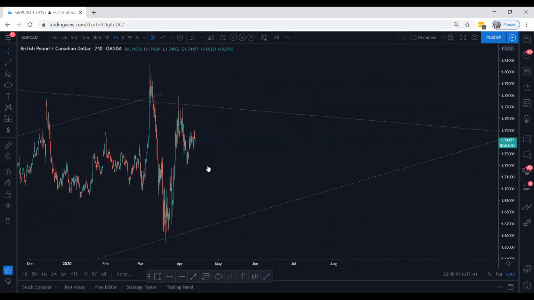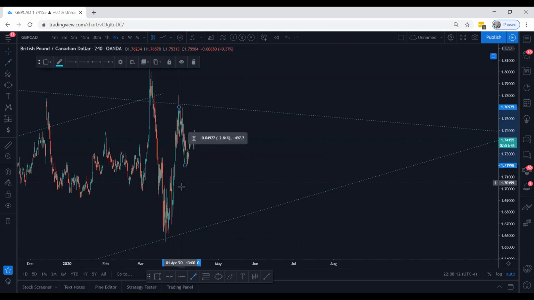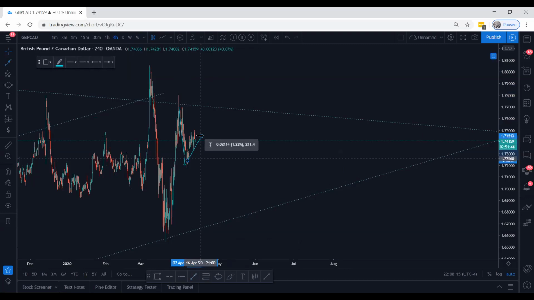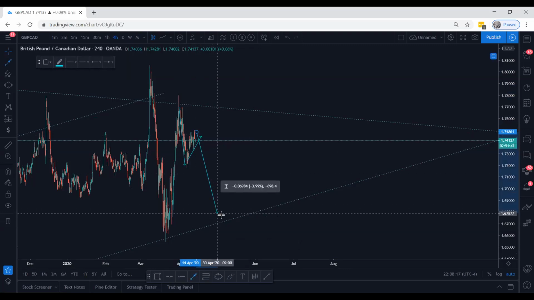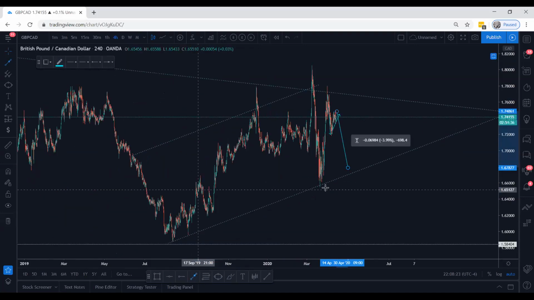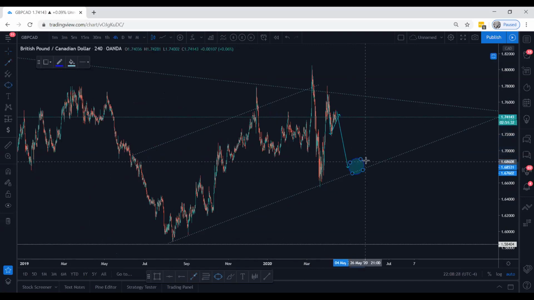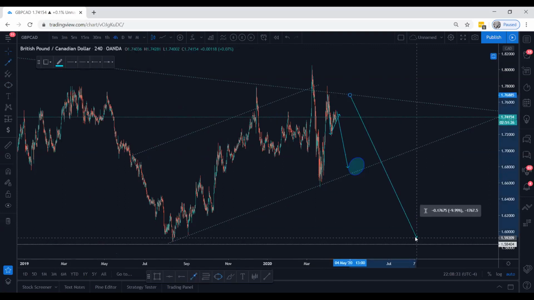I see an impulse here, correction, so I'd be looking for it to continue that push down and then see what price is going to do when it pulls back down into that area. But my overall sentiment is that it's going to eventually continue to the downside.